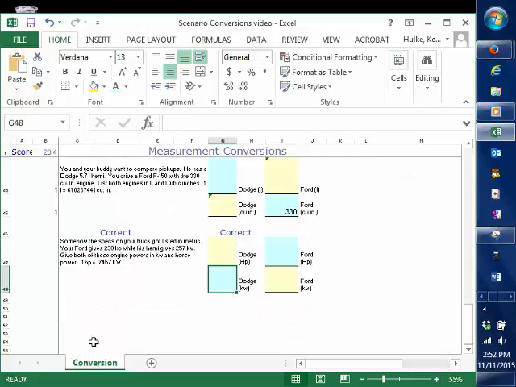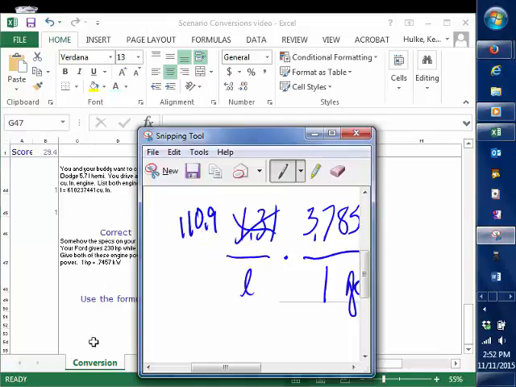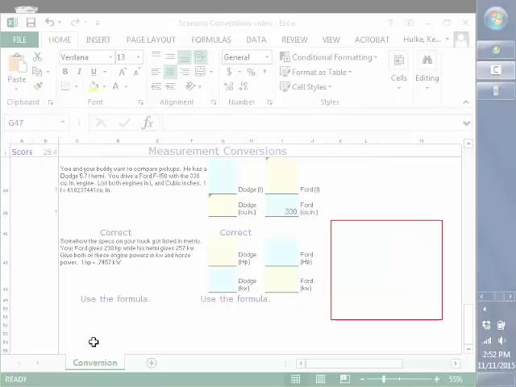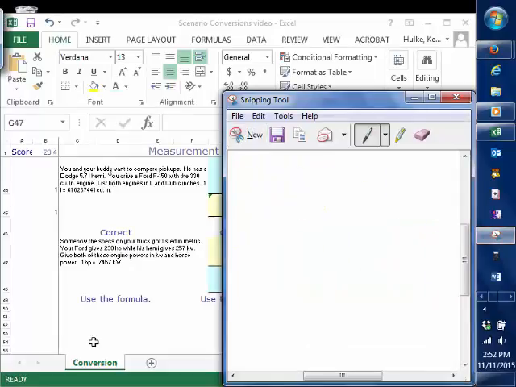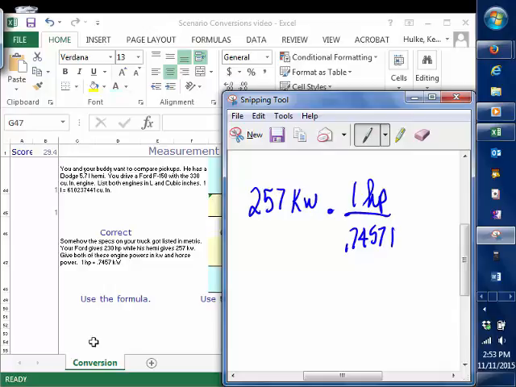Next one, your Ford is a 230 horsepower, and his Dodge is 257 kilowatts. Okay, so we have to switch those two around. Since 1 horsepower is 0.7457 kilowatts, you're starting with 257 kilowatts, and it says 1 horsepower over 0.7457 kilowatts.